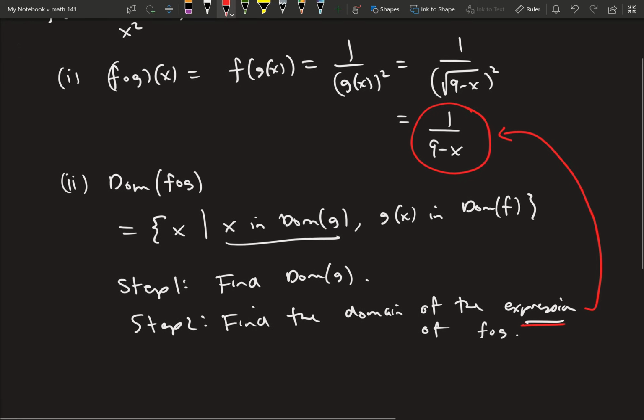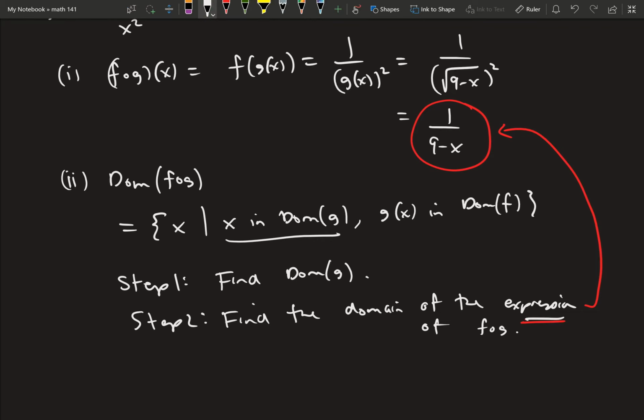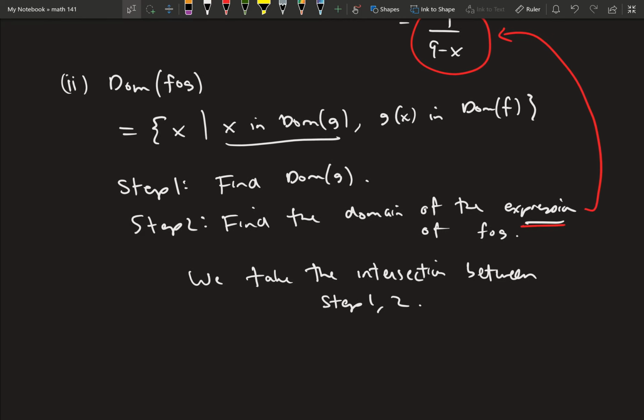And what we do then is between step 1 and step 2, we take the intersection, or what's in common between step 1 and step 2. Okay, so let's do that in order. And that step 2, really what it does actually is take care of this second condition. Okay, so this second condition for the domain of g, that's really what's happening in step 2.